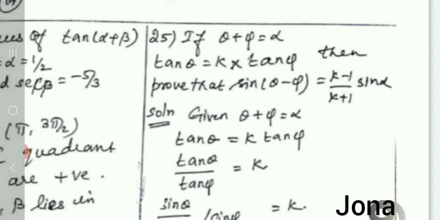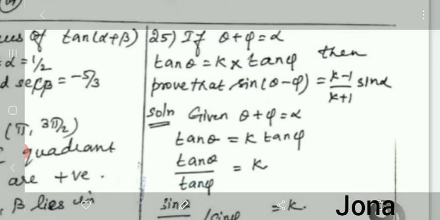Twenty-fifth sum. If theta plus phi equal to alpha, tan theta equal to k into tan phi, then prove that sin of theta minus phi equal to k minus 1 by k plus 1 sin alpha. Whatever is given we want to take there.